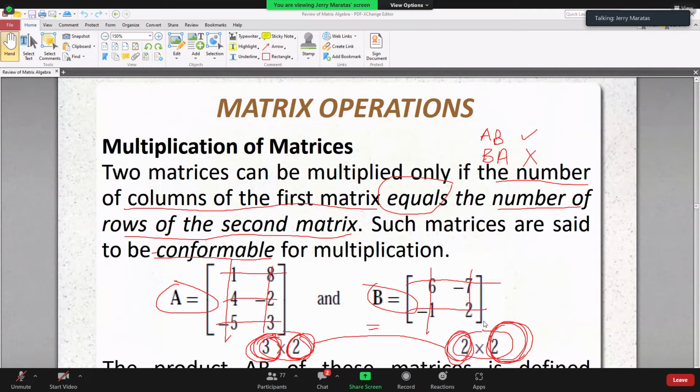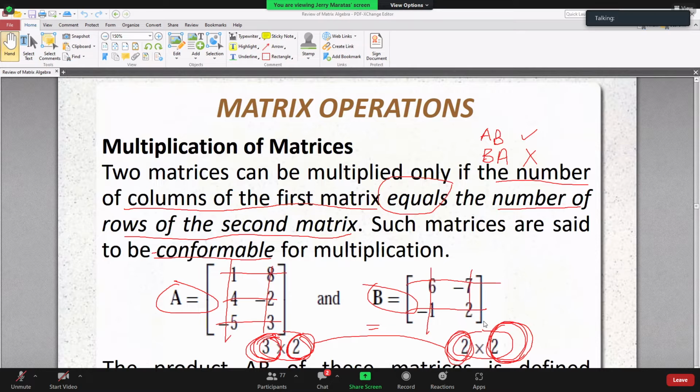You have to find out first if they are conformable. Well, if we talk about two matrices of the same size, obviously, if it's a 4 by 4 and the other one is 4 by 4, you can multiply two matrices whatever their arrangement. But you have to expect that they have different results.